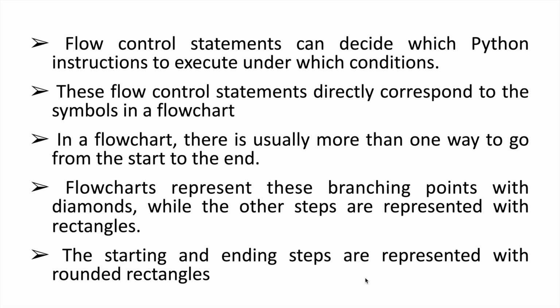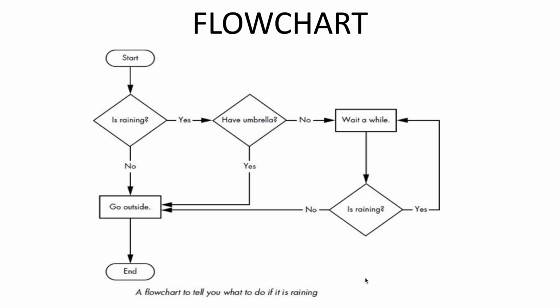For example, see here, this is a flow chart. I'm going to explain the flow chart in a while. This is a flow chart to tell you what to do if it's raining. If it's raining, what are the decisions I can take? For example, if it's raining and you have an umbrella, then you can go outside.